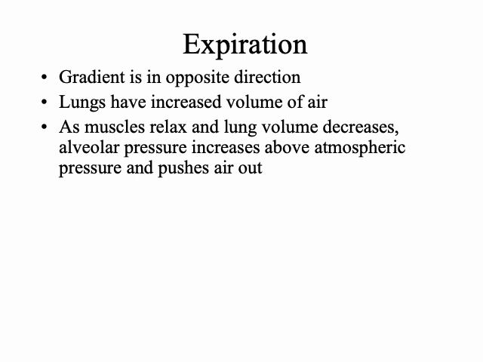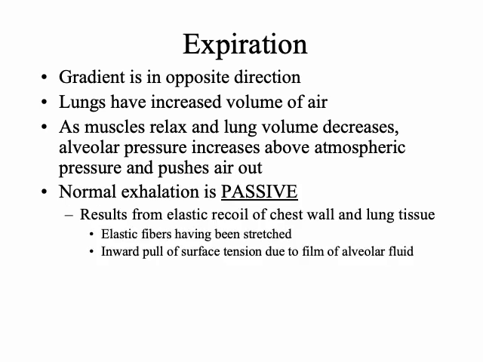And that's going to increase the alveolar pressure, the pressure inside those air pockets in the microscopic respiratory zone. That's going to be high enough pressure that it's going to flow out of the body. This is actually for free. You do all the work for inspiration, then expiration is just passive recoil.